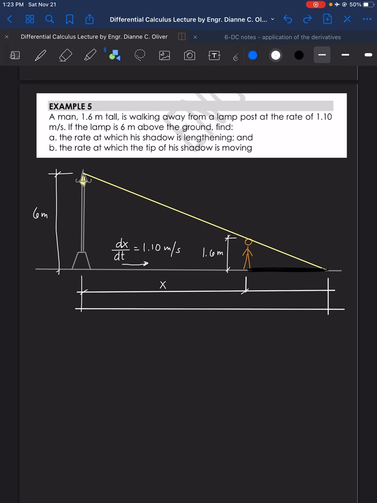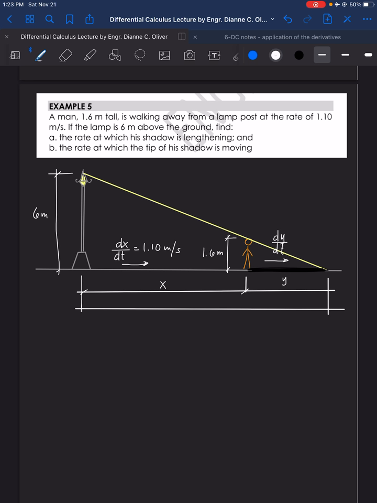Therefore, let's assign a variable y for the length of the shadow. Now it's asking for the rate at which his shadow is lengthening. Therefore, it's asking for dy over dt.